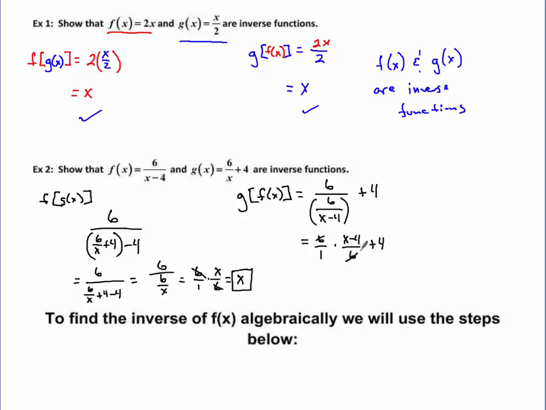Well, 6 and 6. So now we have x minus 4 plus 4. Well, that just equals x. So f of x and g of x are inverse functions.